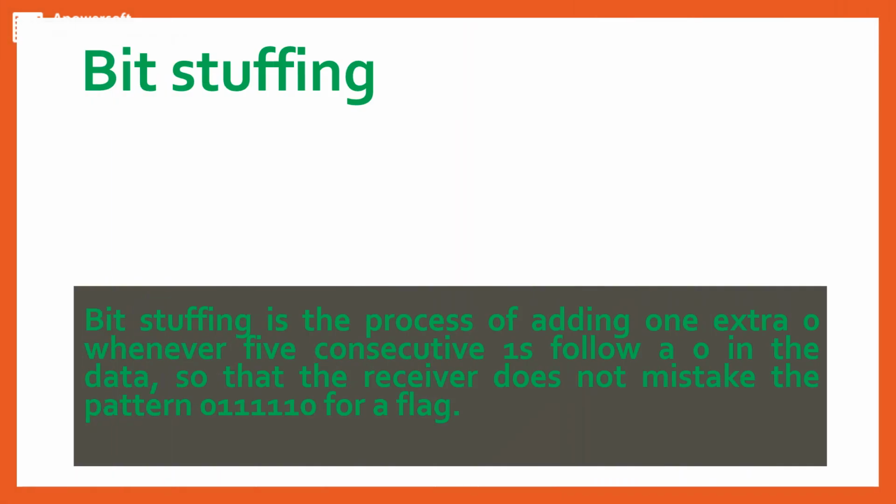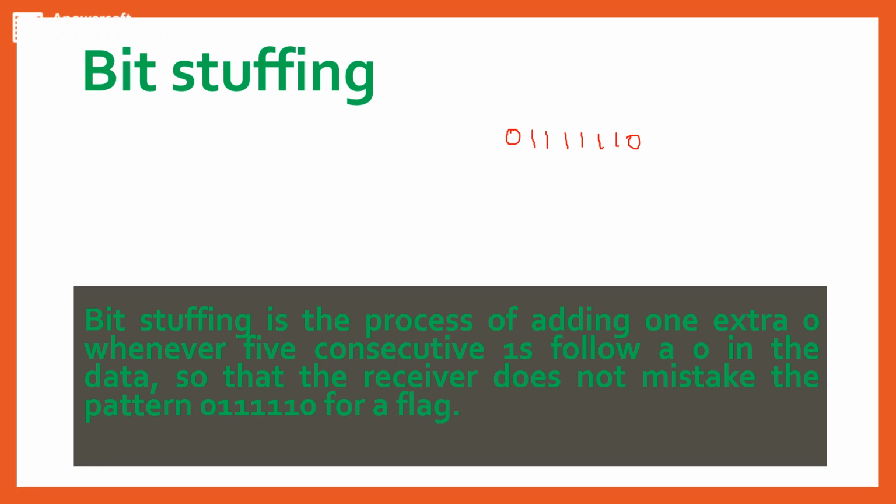In bit oriented framing, we consider the flag value as 0 1 1 1 1 1 1 0. Now the flag may create the same type of problem which arose in character oriented framing. That means the flag may appear in the text or data.